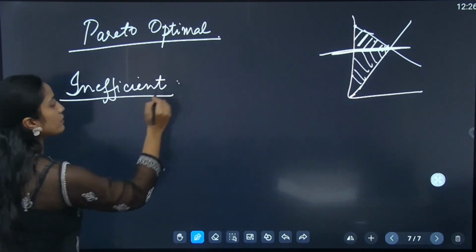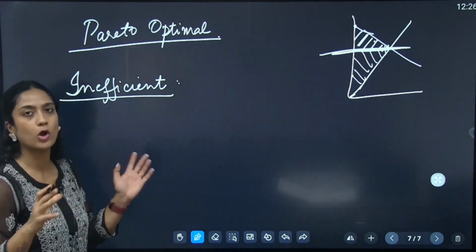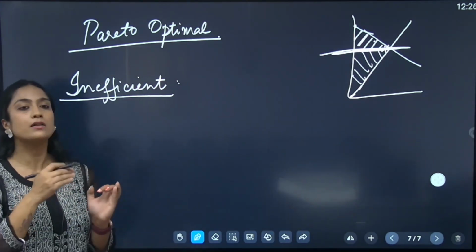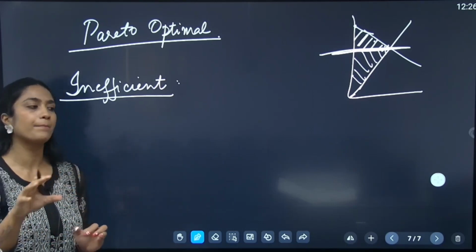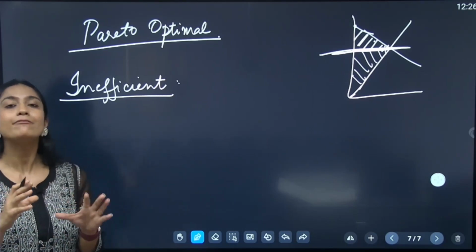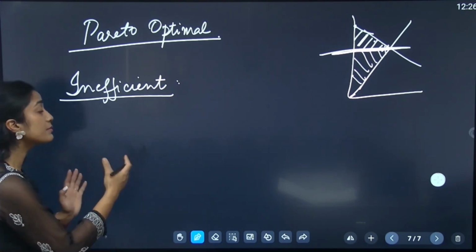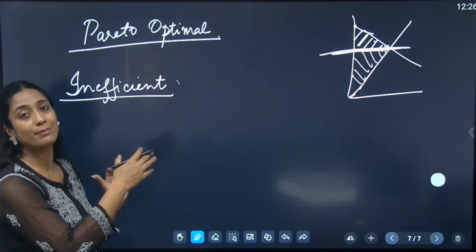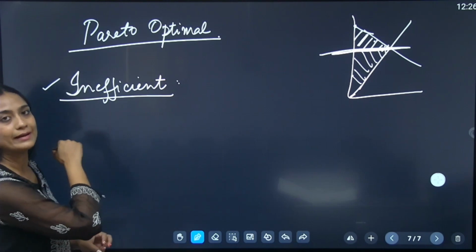Any market was called inefficient when the size of the economic pie, or the sum of the consumer and producer welfare, or whatever are the agents in the market, if the sum of their welfare could be increased. So if it was possible for the total welfare, or for the size of the pie, to get bigger, then the existing market was called inefficient, right?